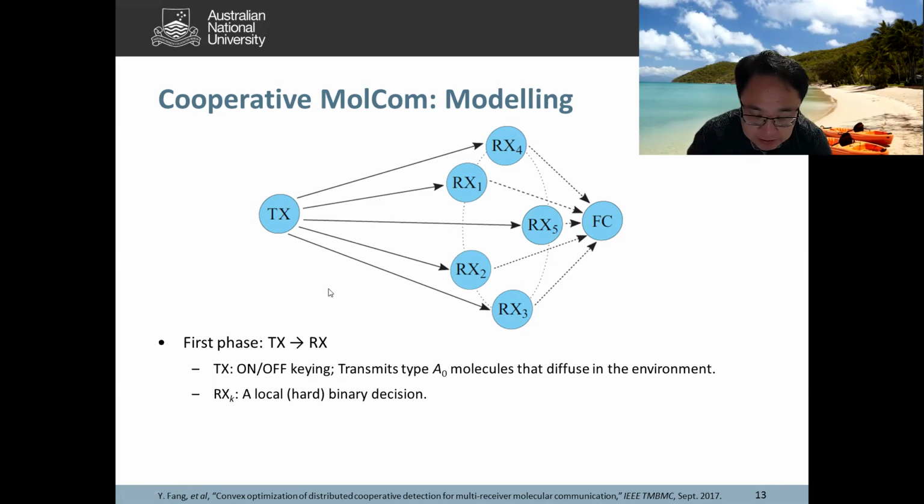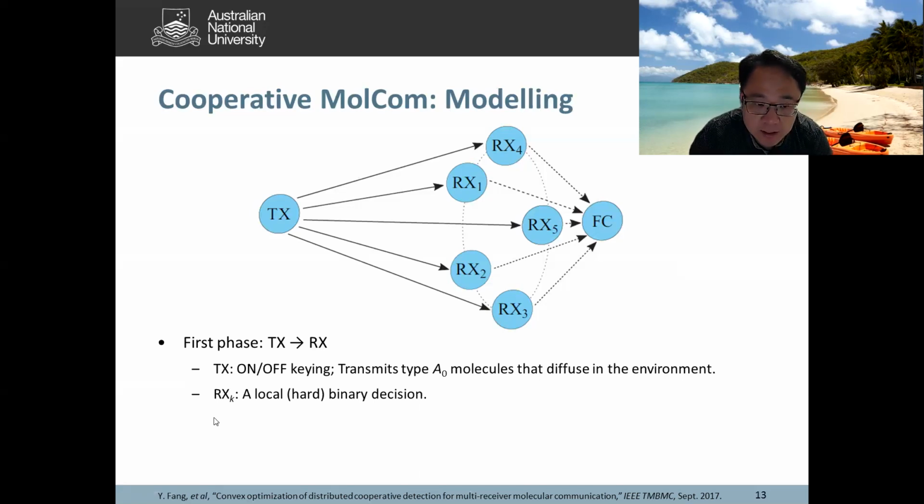For the first phase, where the communication happens from the transmitter to the receivers, the transmitter uses on-off keying. On-off keying is a simple modulation scheme in molecular communication, where the transmitter sends a bunch of molecules if it would like to transmit 1, but remains silent, which means it does not transmit anything, if it wants to send a bit of 0.